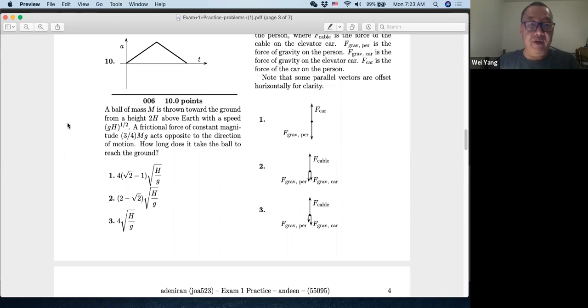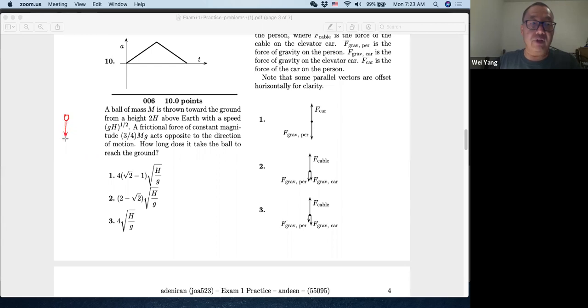Okay, now let's see. Suppose we have this ball here, and they tell you this ball is thrown toward the ground.